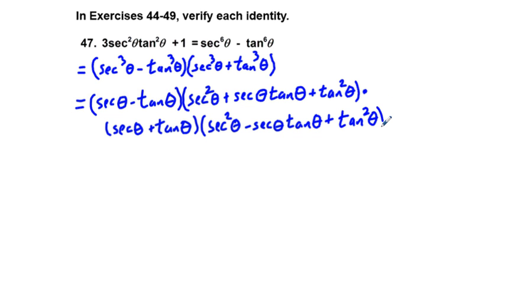See how this is expanded out like crazy? Well, the next thing we're going to do is we take this secant squared theta in both these terms and replace this with a tangent squared theta plus 1. And then expanding from there, and simplifying from there, it eventually comes down to being what the left side is.